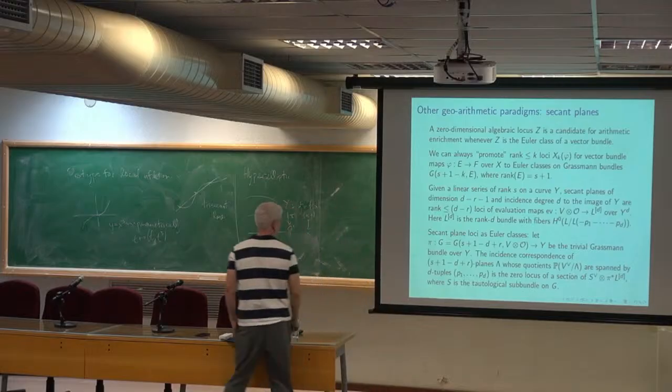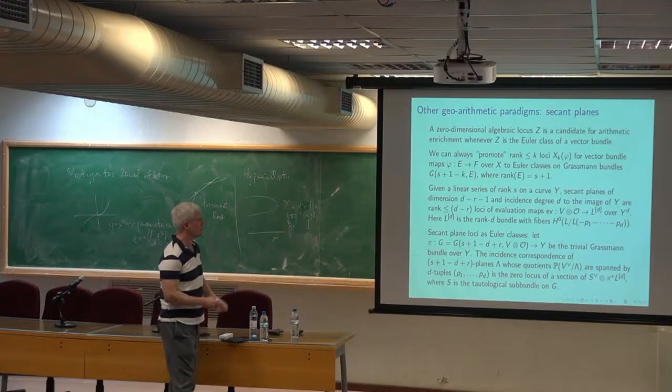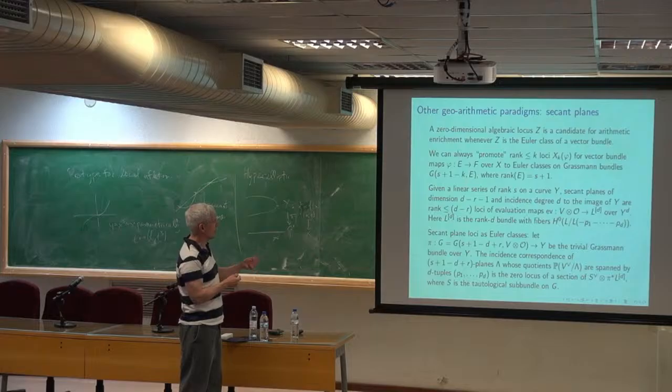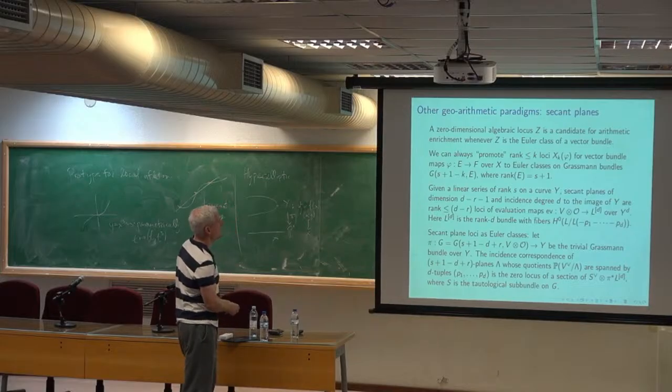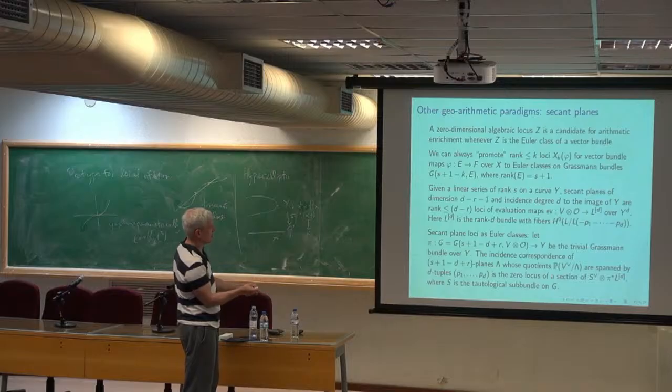And the idea is that if you do a little bit of work, the first point is that secant plane loci can be thought of as rank loci for bundles over, for example, a Cartesian product of the curve.